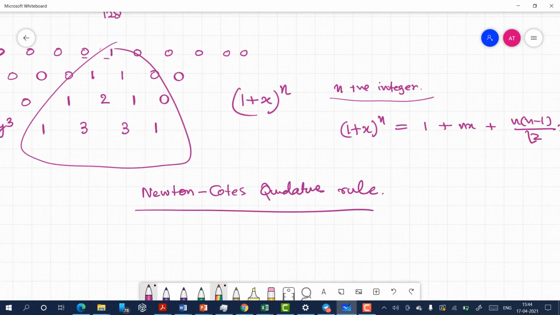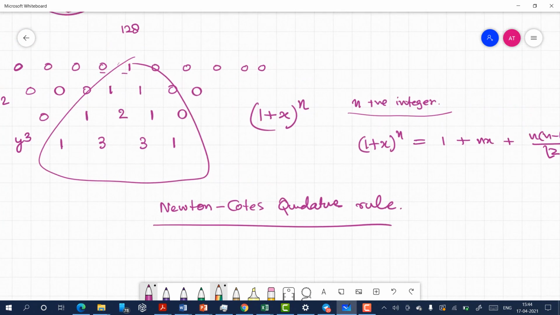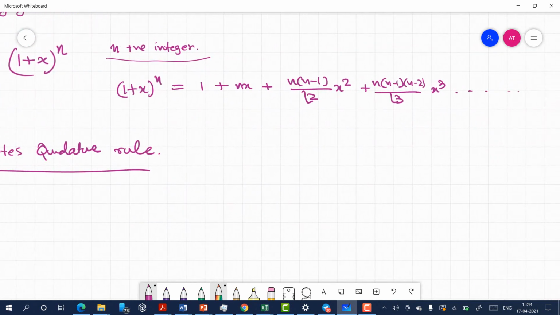And if you want to see the details on this, I will share a link of the video, and you can actually see what happens if you change it to fractions, what happens if you change it to negative powers, and the beauty of this Pascal's triangle relation with this. But this is the binomial theorem, and it is not an infinite series because somewhere you will hit n minus n, and because n is positive and it's an integer, this will become 0.